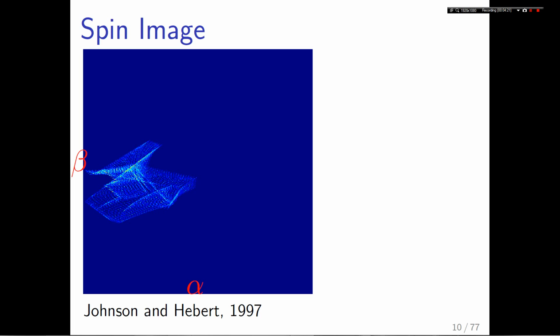Originally, the spin image, defined in 1997 by Johnson and Hebert, uses the Euclidean distance to define a view as a descriptor, which is a 2D image, because in rigid registration, the shape is assumed to be rigid, and the Euclidean distance is the basic invariant here.